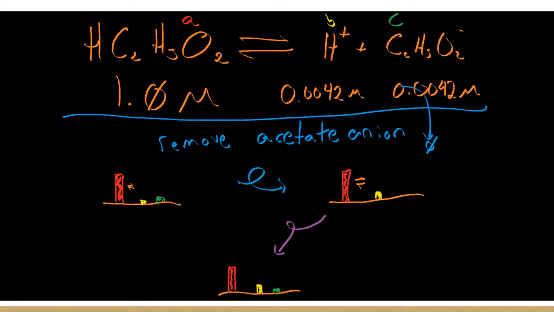So when you come to a new equilibrium, you're going to have still really close to 1 molar acetic acid. And you're also going to have 0.0068 molar H plus, because you also made H plus. And you're going to have 0.0026 molar acetic acid.